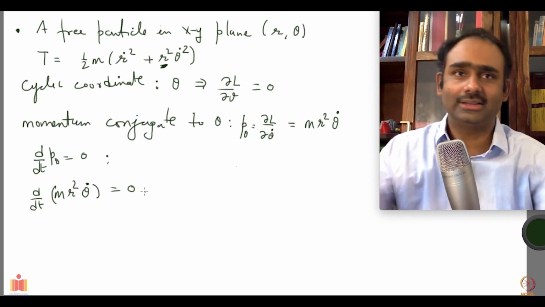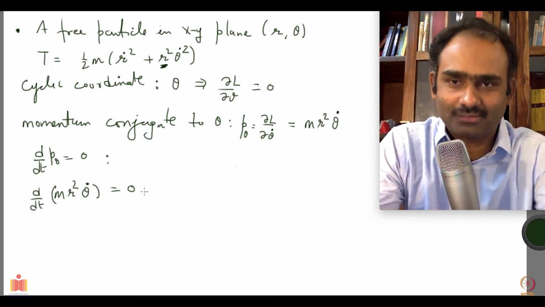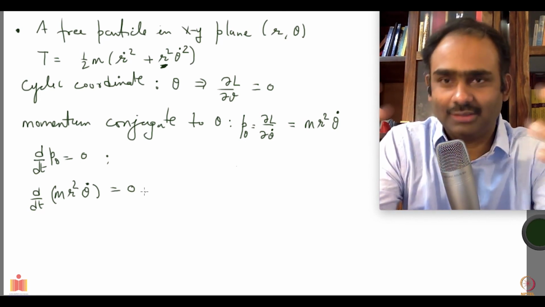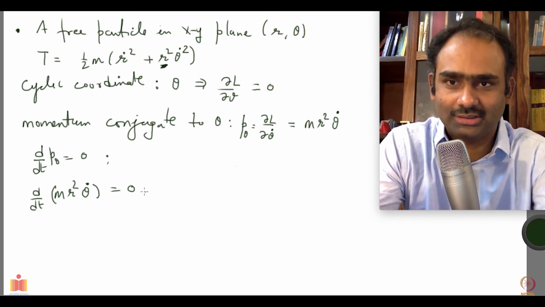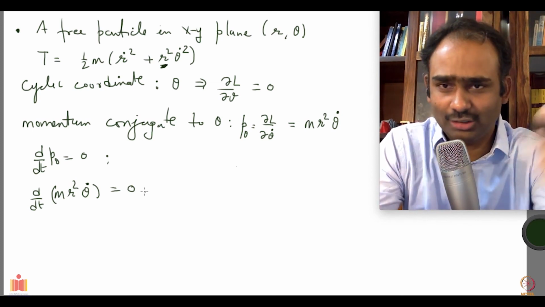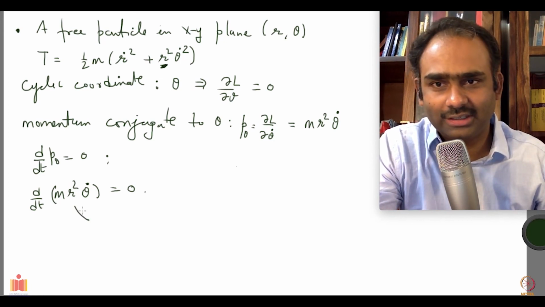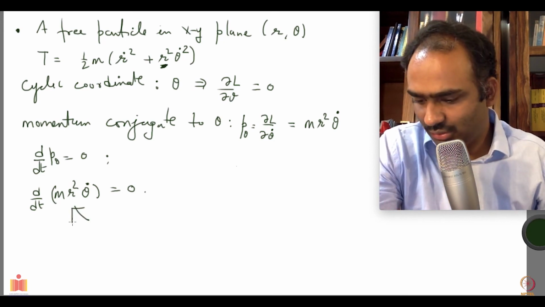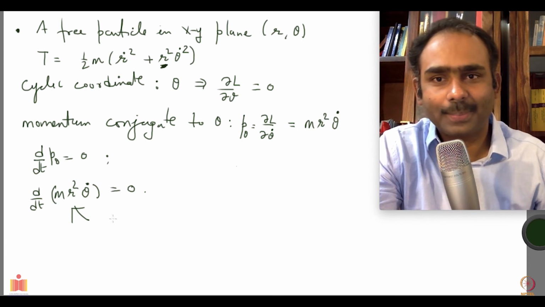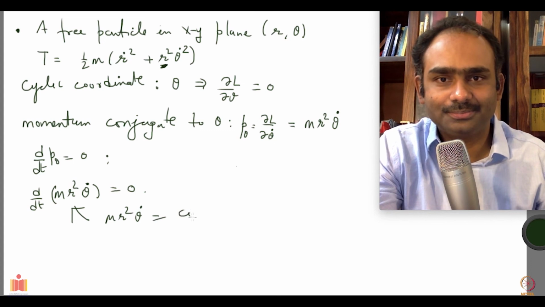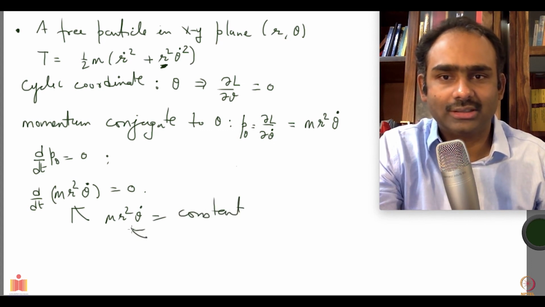We have got another constant of motion in this case, and I hope you all recognize this quantity. What is m r square theta dot? It is the angular momentum.